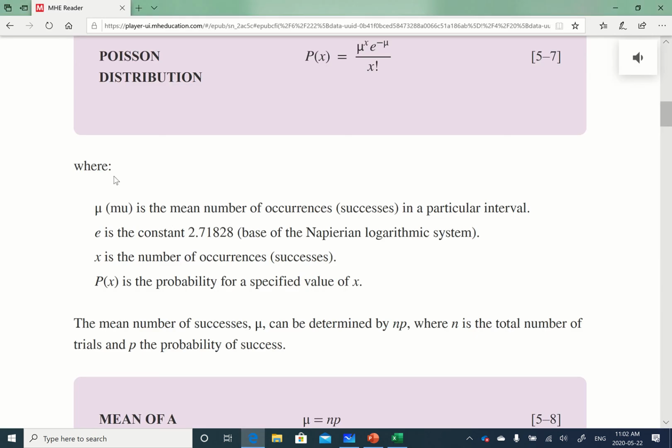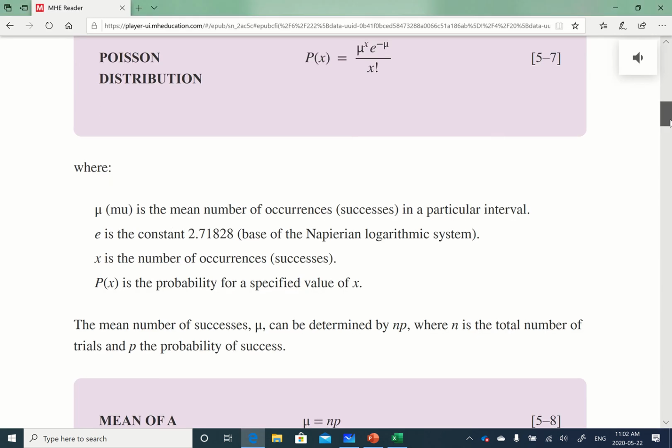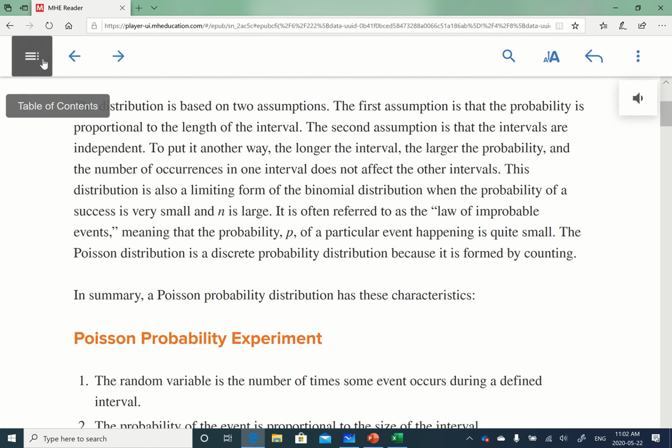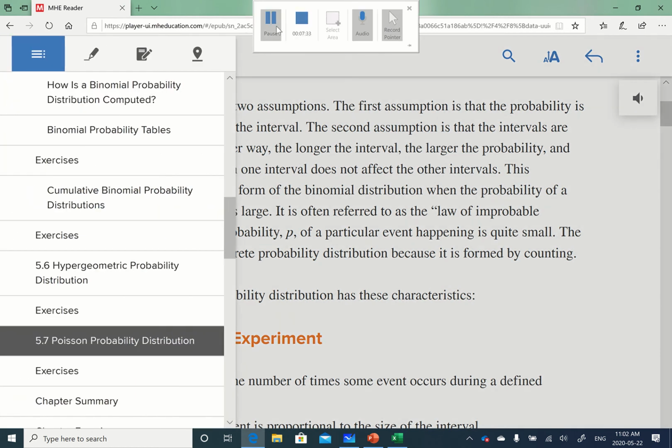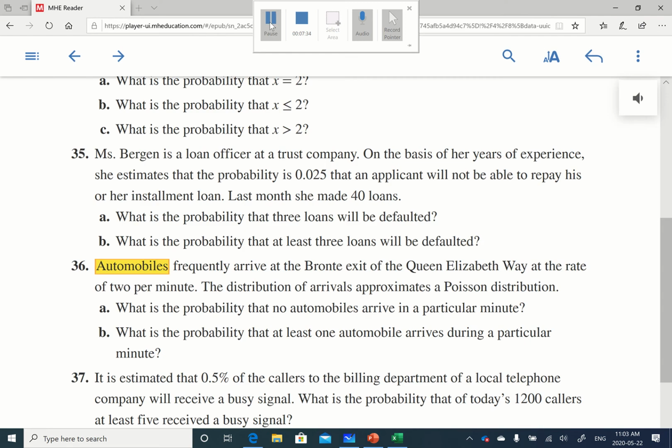Okay, so let's look into a practice question. In this question it says automobiles frequently arrive at the Bronte exit of the Queen Elizabeth Way at the rate of 2 per minute. So that's the rate of occurrence.